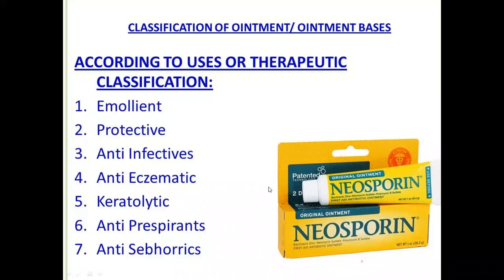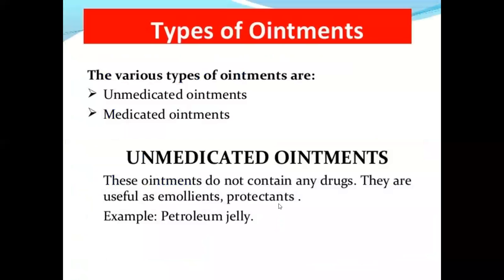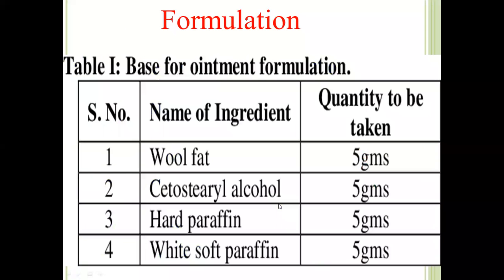So this is about the classification of ointment. After that, we discussed the formulation of ointment, in which we discussed one example: wool fat, cetosterol alcohol, hard paraffin, white soft paraffin, with their quantity and use. Wool fat is used as an emollient to produce a soothing or smoothing effect.